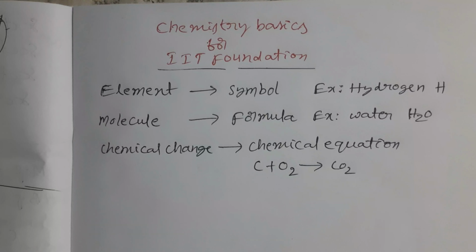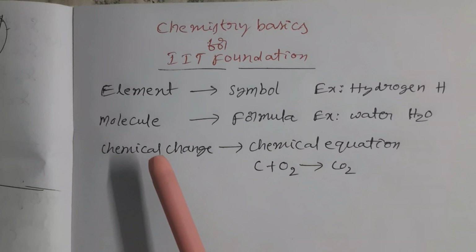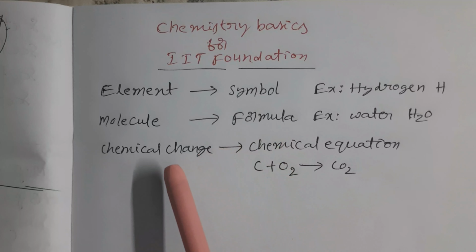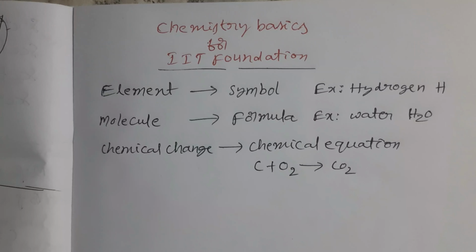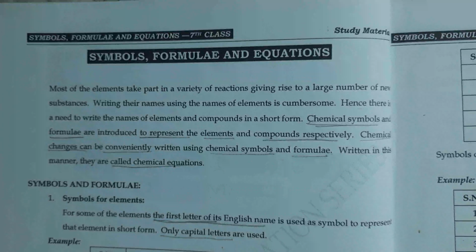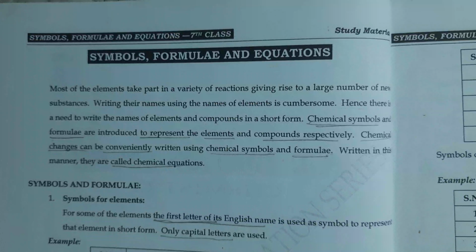So once again: element, symbol, molecule, formula, chemical change, chemical equation. I gave examples also below which are helpful for your preparation. Now we are discussing more about symbols, formulas and equations.